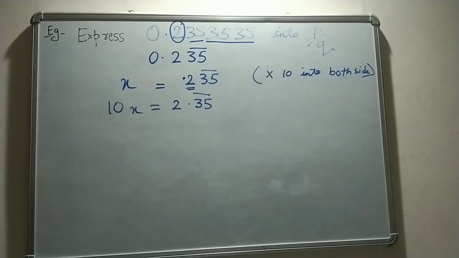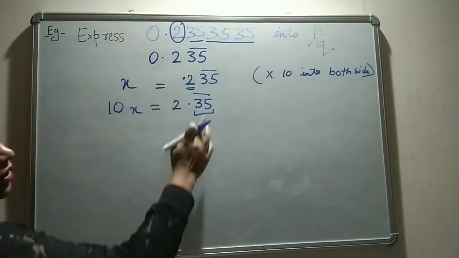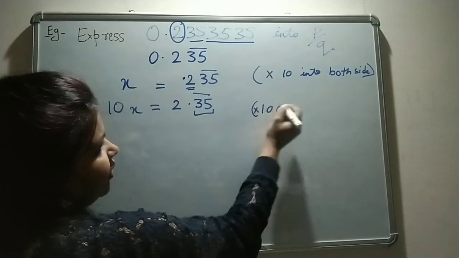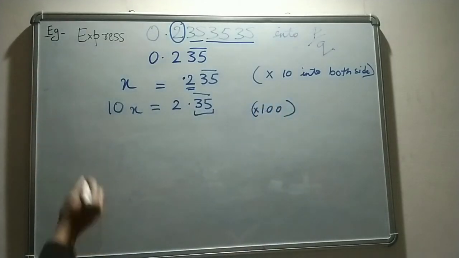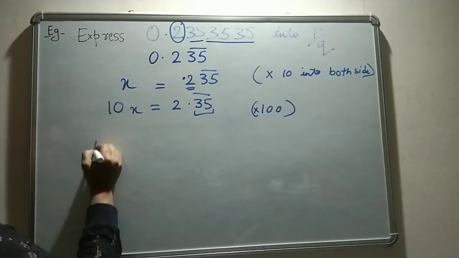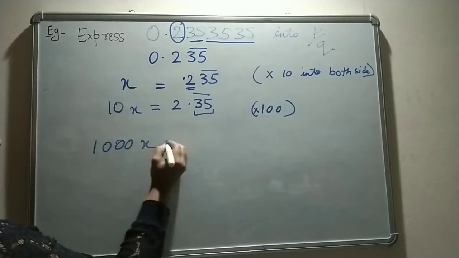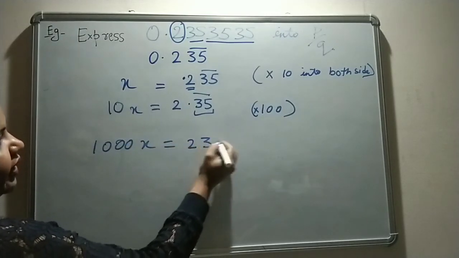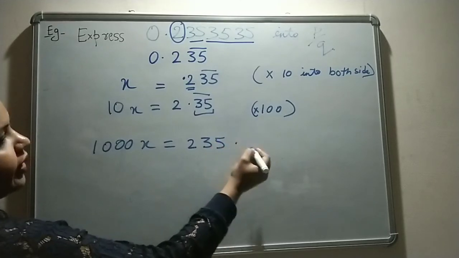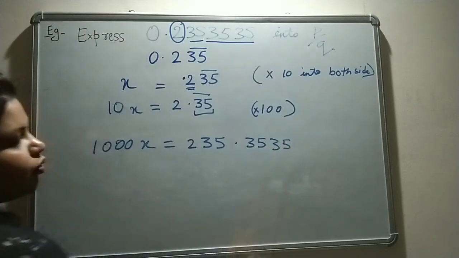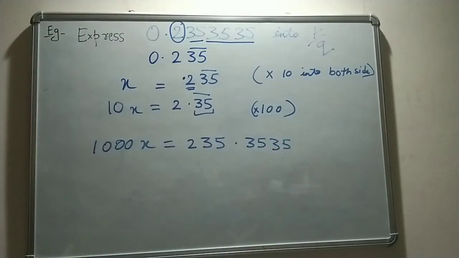Now let's take this string. How many numbers are there? Two numbers. So we multiply by 100 on both sides. We get 1000x equals 235.3535 and it goes on.